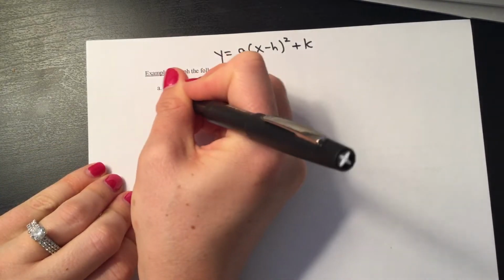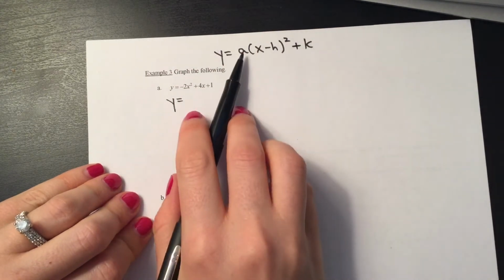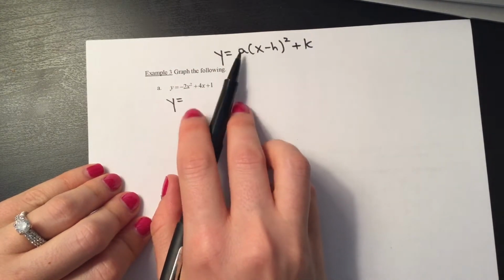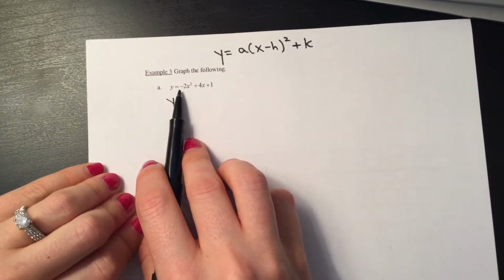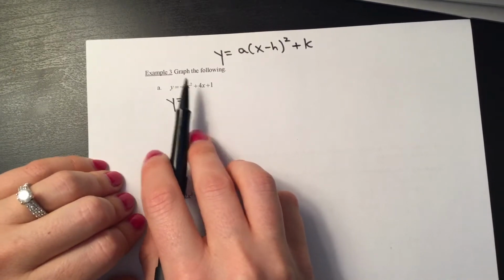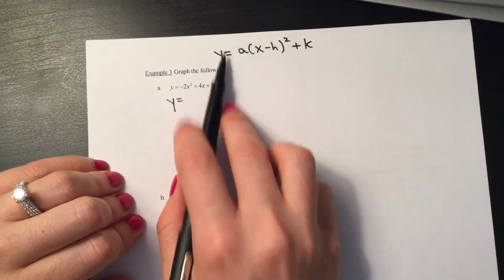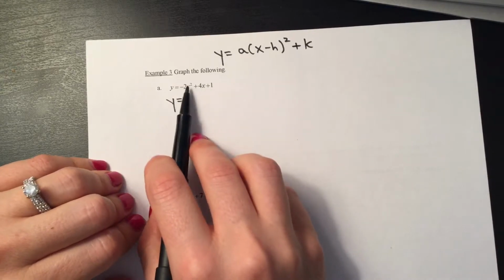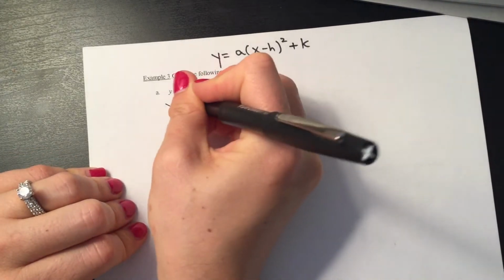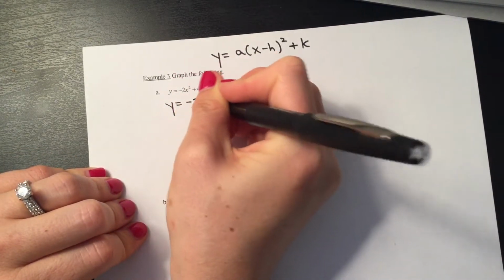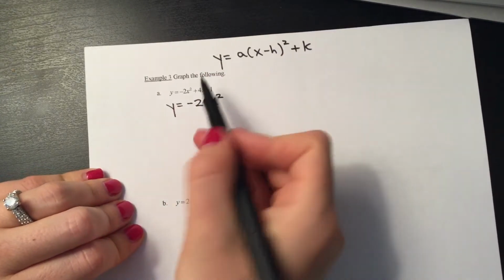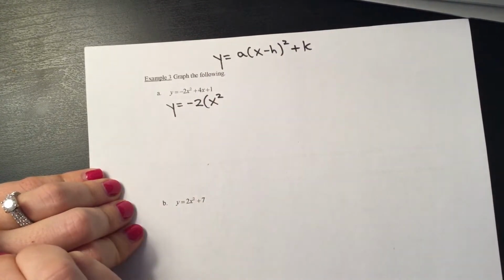We have y equals. So first thing I want you to notice, this a right here is going to be whatever number was a in standard form, because in standard form we have ax squared. So since the a is written on the outside like that, we need to factor that term out. So we're going to factor out a -2, and then we have just an x squared left. Make sure you're factoring the -2 from this middle term as well.